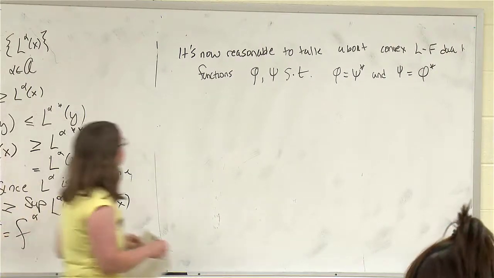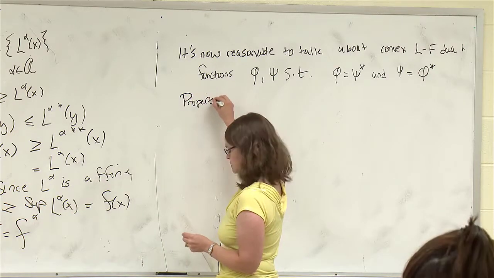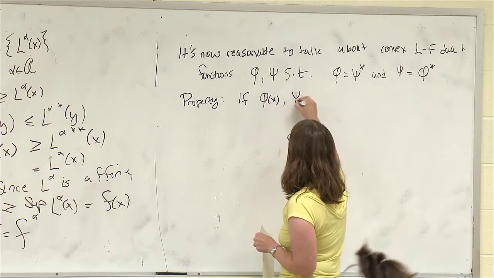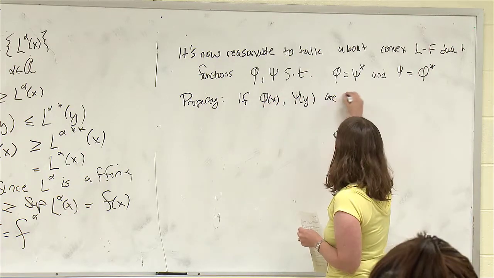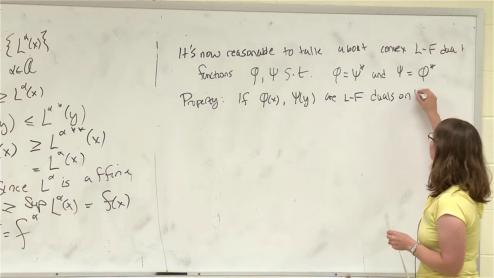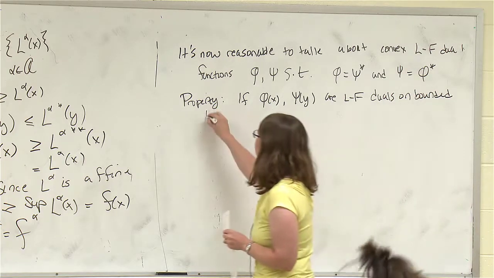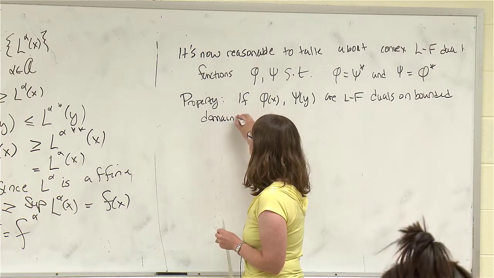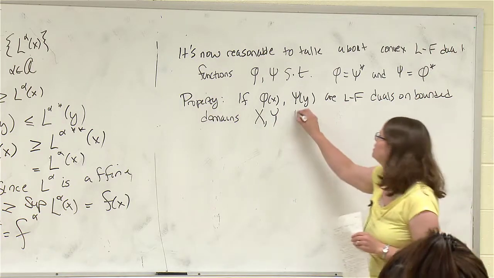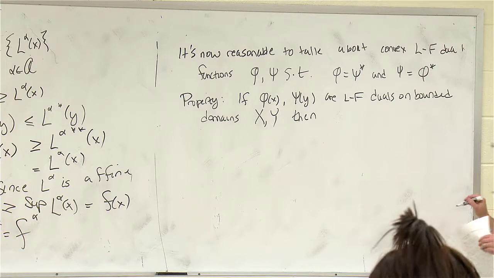Okay, one more property that we might want is if phi of x and c of y are dual functions on bounded domains, capital X and capital Y, then we can come up with uniform Lipschitz bounds on these functions.